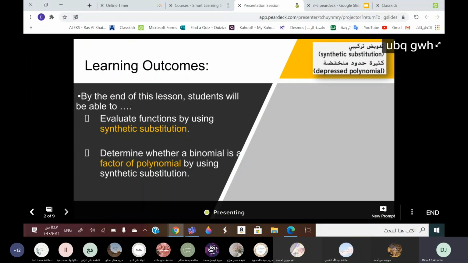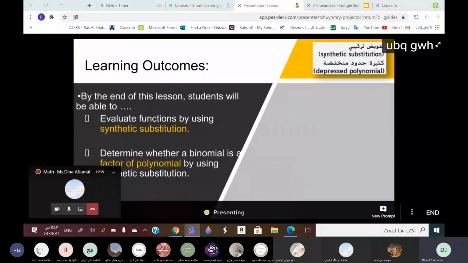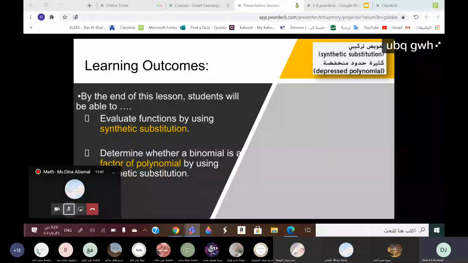So, Marwa, can you read our learning objectives that we took yesterday and today? First, evaluate functions by using synthetic substitution. The second, determine whether a binomial is a factor of a polynomial by using synthetic substitution.